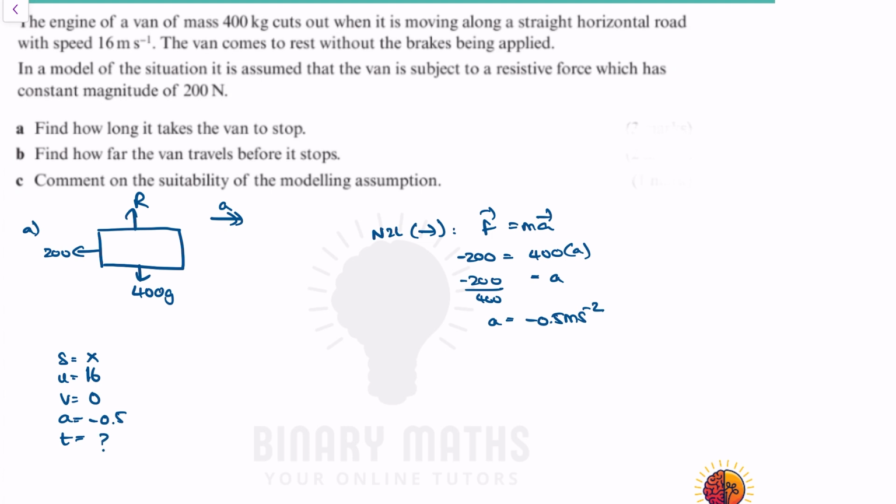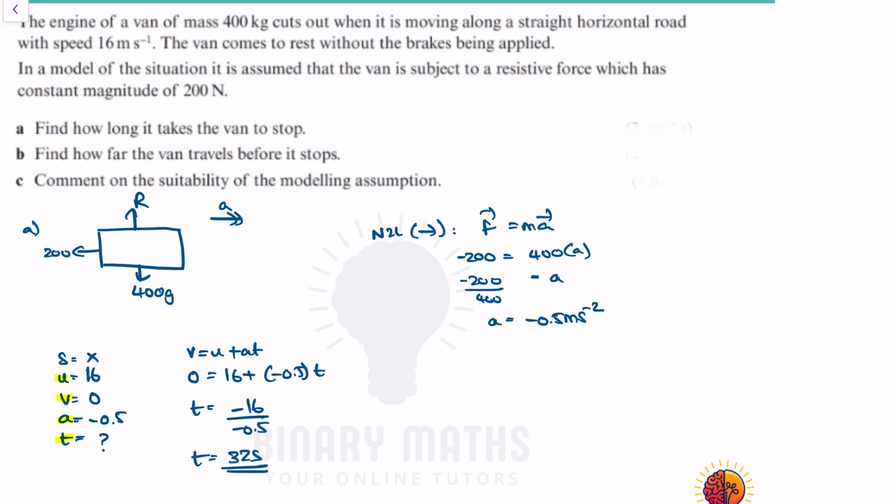Time is what we're trying to work out. So V is equal to U plus AT, which means 0 is equal to 16 plus minus 0.5 times T. So T will be equal to negative 16 divided by negative 0.5. So T will be equal to 32 seconds.